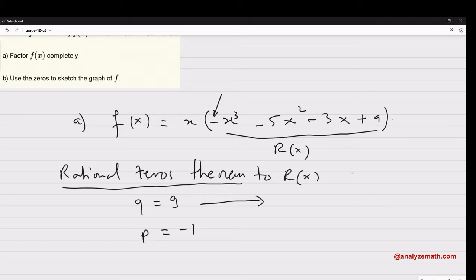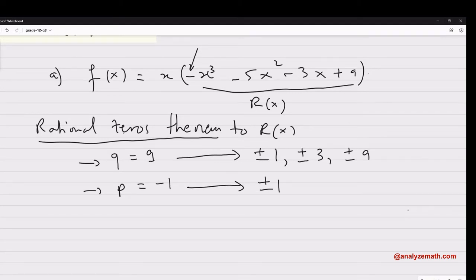What are the factors of 9? Plus or minus 1, plus or minus 3, plus or minus 9. You also look at all the factors of p equal to -1, and these are plus or minus 1.